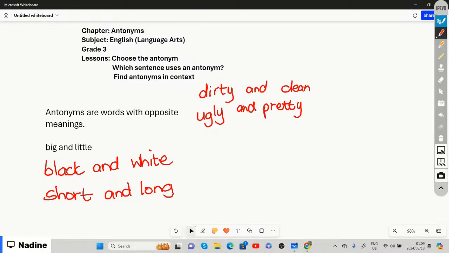Let's rather look at the ugliness and the prettiness of people's characters and behaviors. So we have an ungrateful person, and the opposite of ungrateful is grateful, right? So those are opposites.